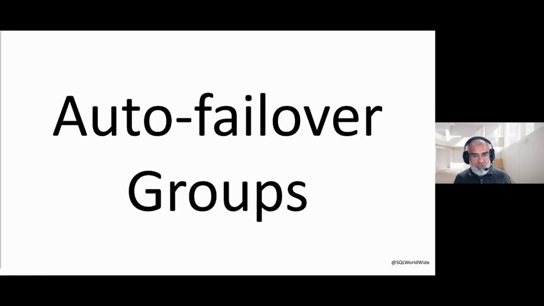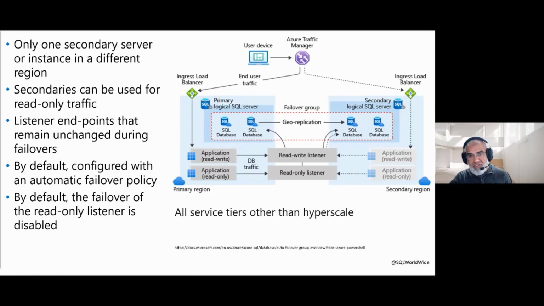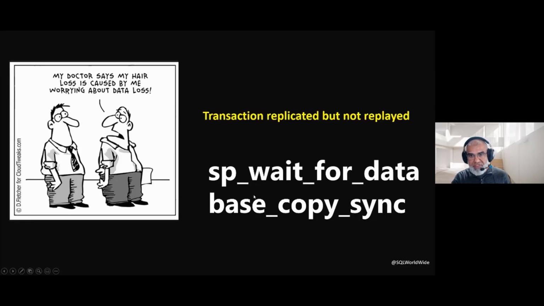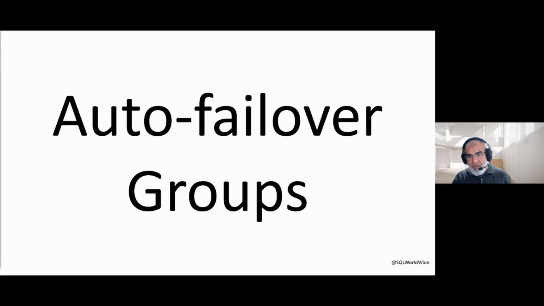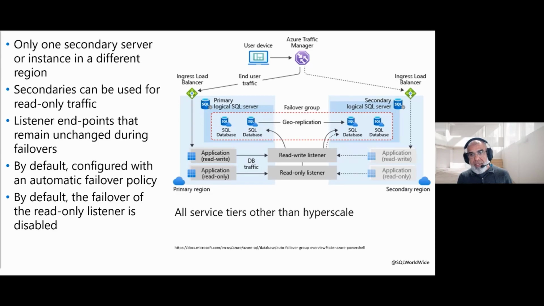So later on, Microsoft came up with active failover groups, where, as you can see, now I can have multiple databases, whereas in my previous slide, I only had a single database, right? Now I can have a group of databases and I can fail those over. Also, the other good point is that with failover groups, you get a listener endpoint.